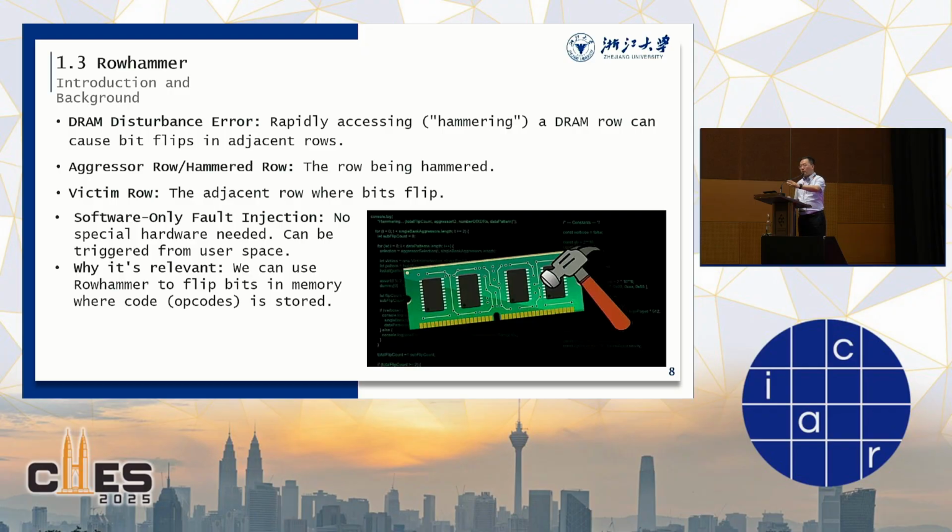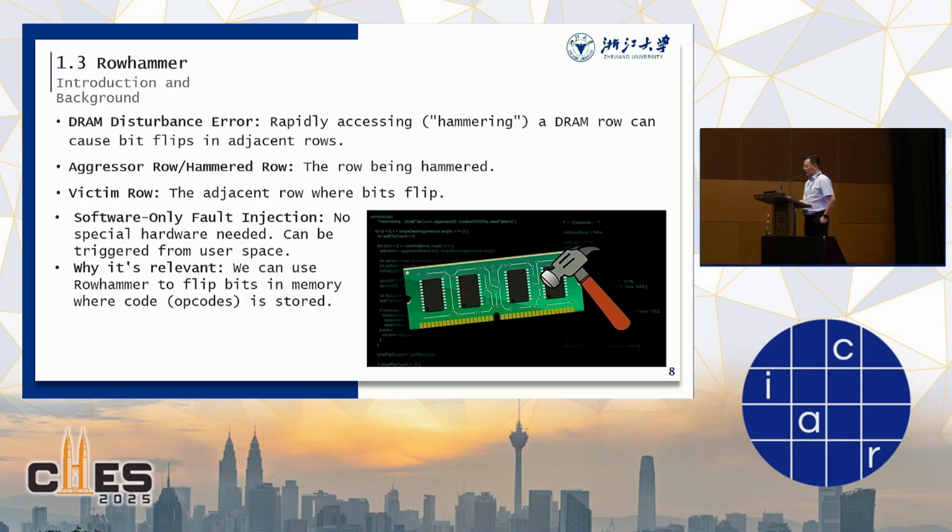And our injection method is based on the technique called Rowhammer. I like this technique very much because it is first software-triggered, and eventually it causes a hardware error on the target.